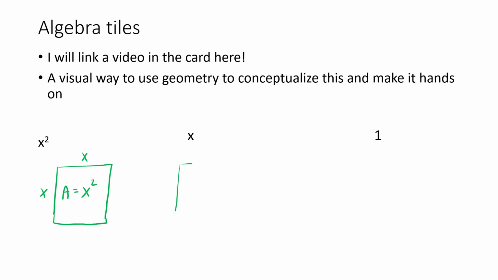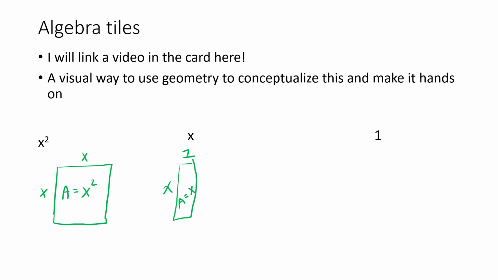Your x would look something like this, and it would have the same height as the big square over here. Okay, so that x would match up with that x. But in this case, the width of the tile is 1. And so the area would be x times 1 or just x. And then now you've got these rectangular tiles that represent an x.